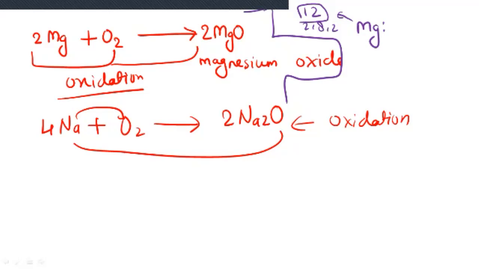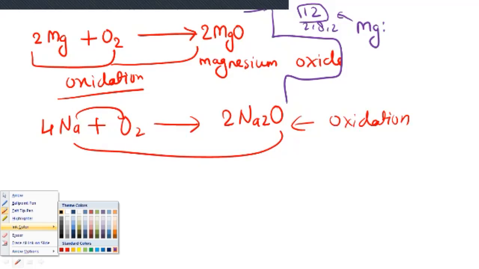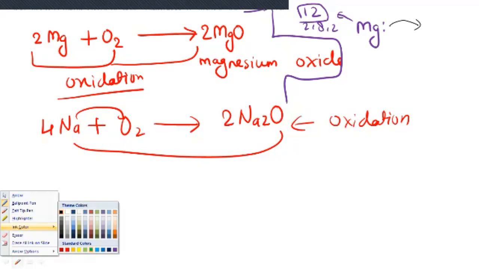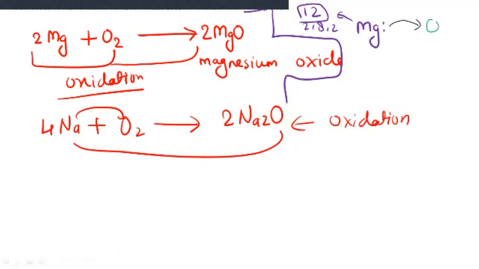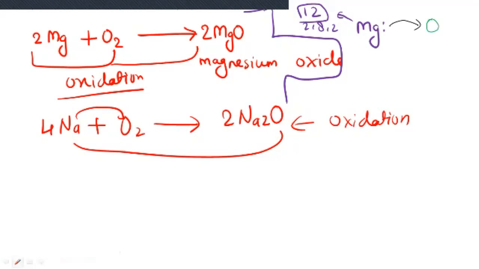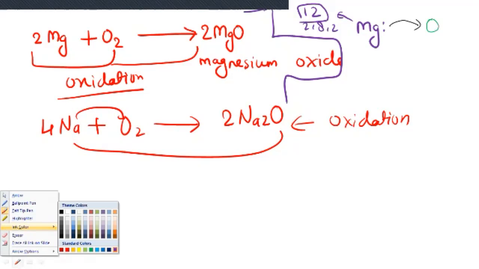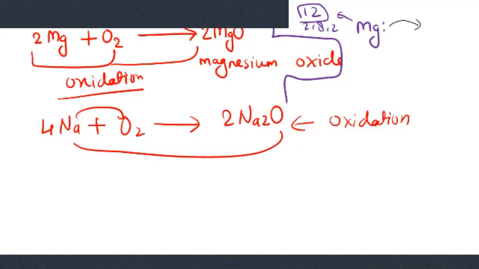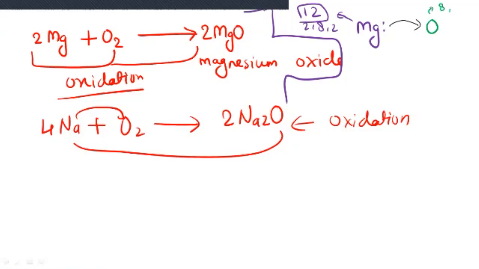Now, what is happening here? Let's understand. Where are its two electrons going? Those two electrons are going to the oxygen. Oxygen's atomic number is 8, that is 2, 6.